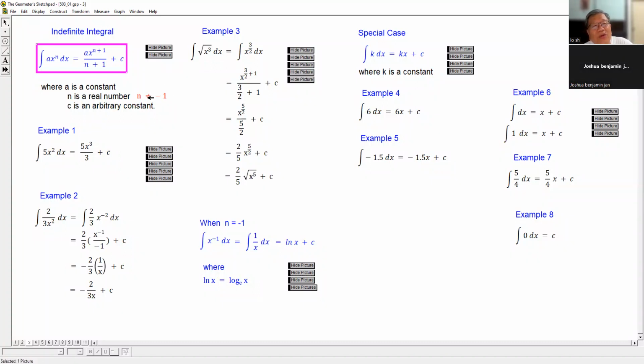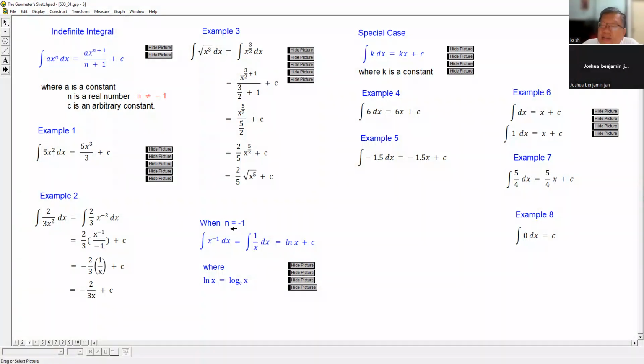You cannot use this formula to integrate when the power is -1, because if you add 1 it becomes x to the power 0, then you have to divide by 0. Divide by 0 is undefined. So this formula only allows you to integrate functions with power not equal to -1. It can be a positive whole number, a negative whole number, a fraction, but never -1.